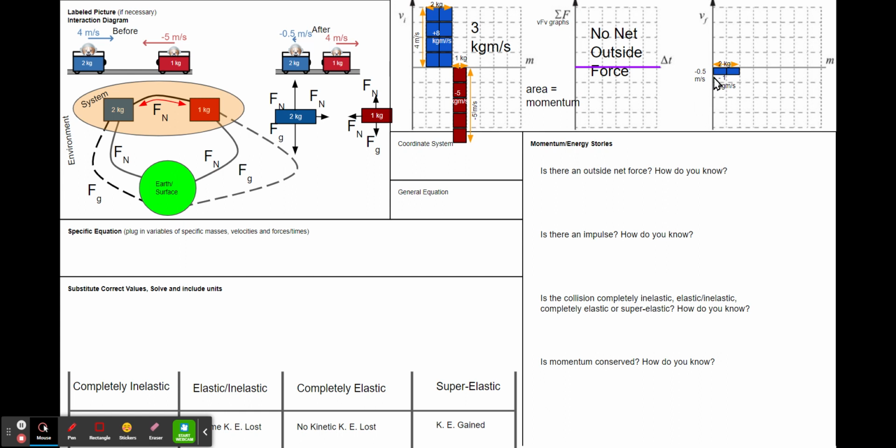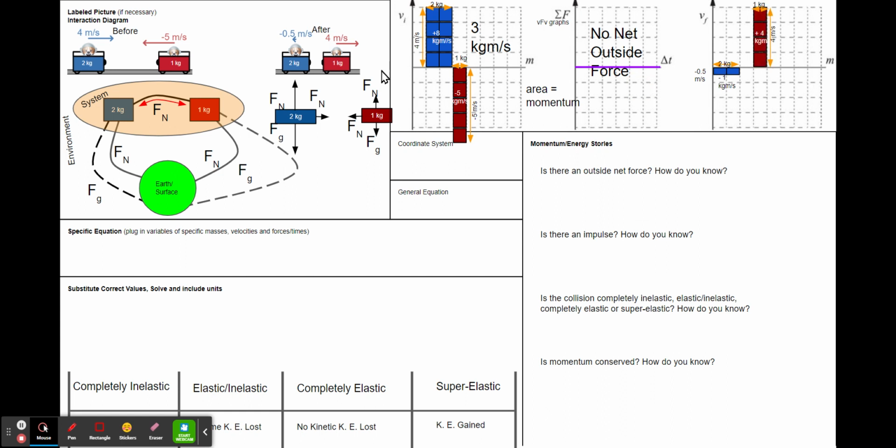After the collision, the 2 kilogram object is going negative 0.5 meters per second. So now we're using a height of negative 0.5 meters per second and a width of 2 kilograms. 2 times negative 0.5 gives us negative 1 kilogram meters per second for the momentum of the 2 kilogram mass after the collision.